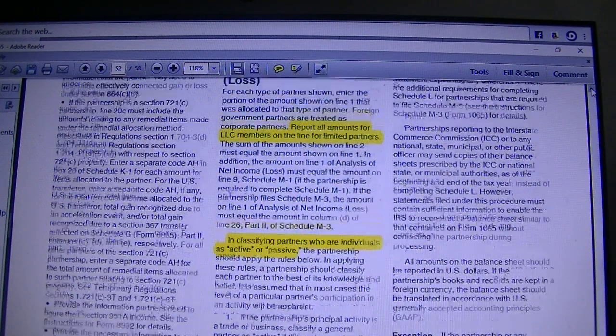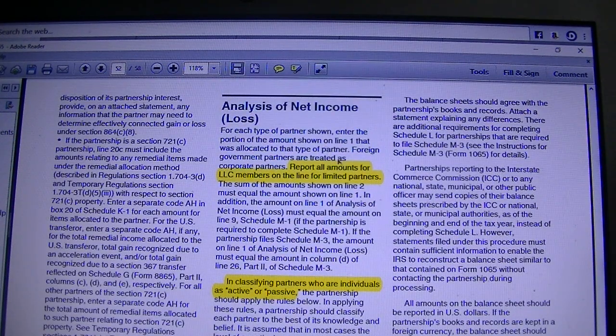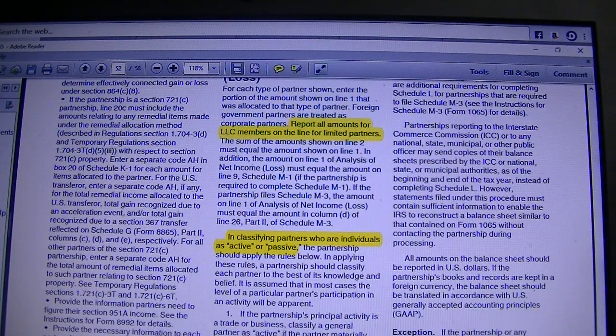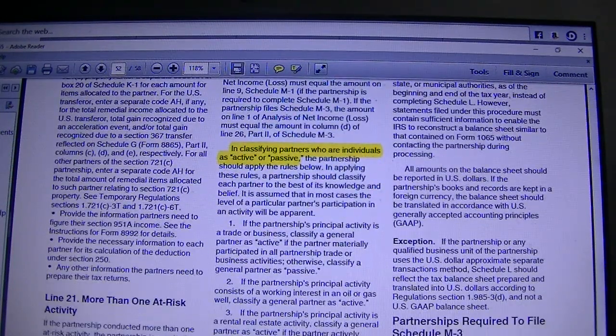You have all partnerships. So report all amounts for LLC members on the line for limited partner. Did you see that? Report all LLC members on the line for limited partner. So all the amounts for LLC members will be under limited partner.